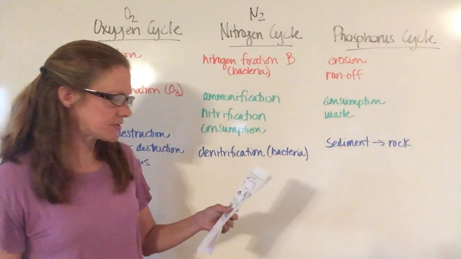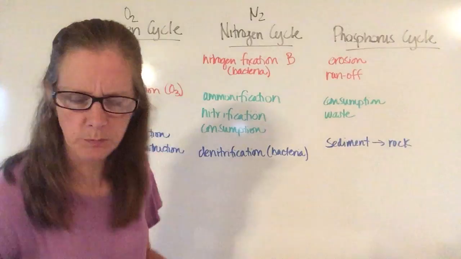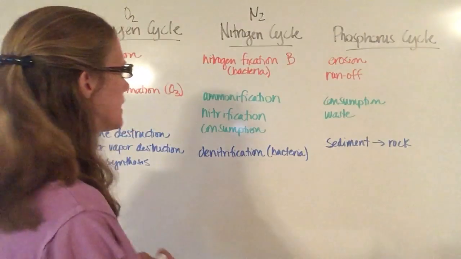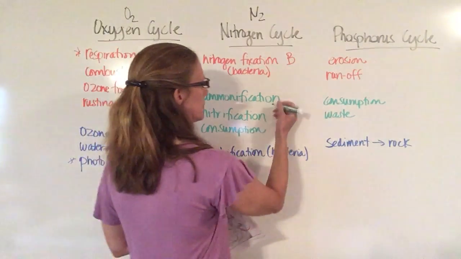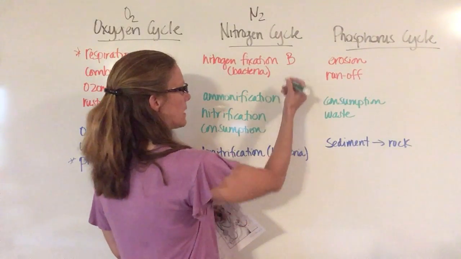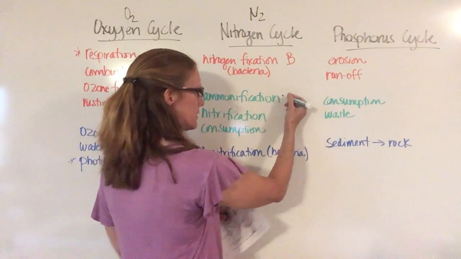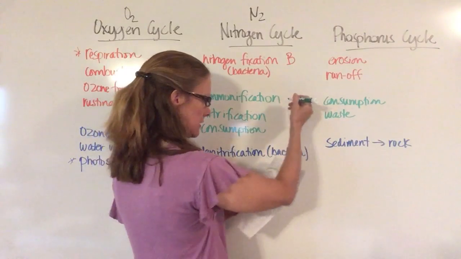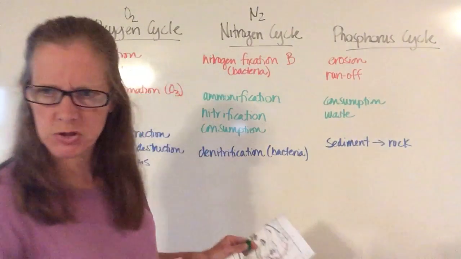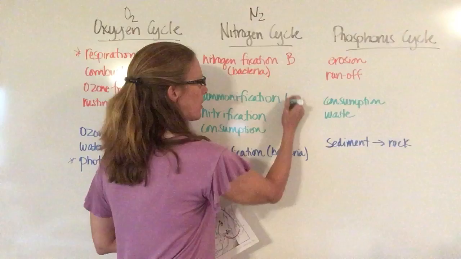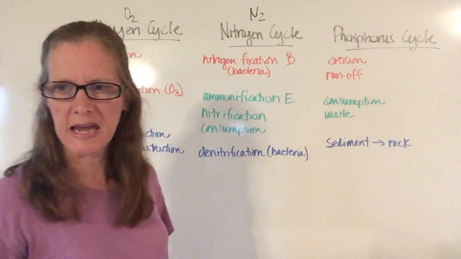Then what happens is that some of these other arrows here, you can take the ammonia ion and then convert that through, let's see, which arrow was it? Through arrow E in a process called ammonification.